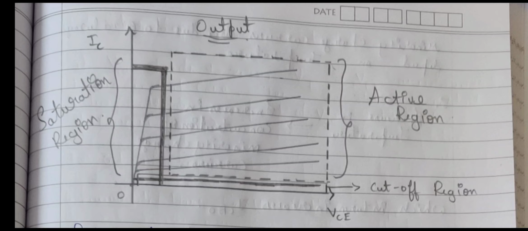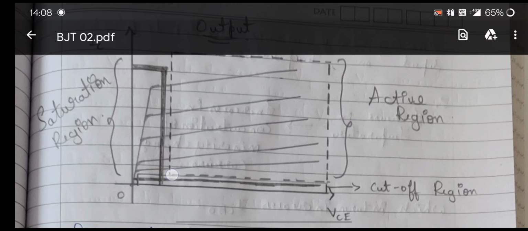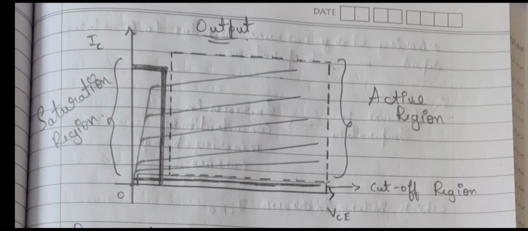It will slightly keep on increasing. So here you observe the saturation region. In the saturation region, we see a small constant growth of current until VCB is reverse biased. That is what the saturation region represents here.